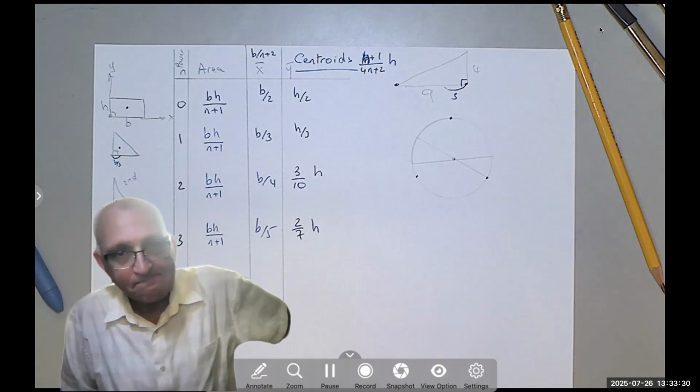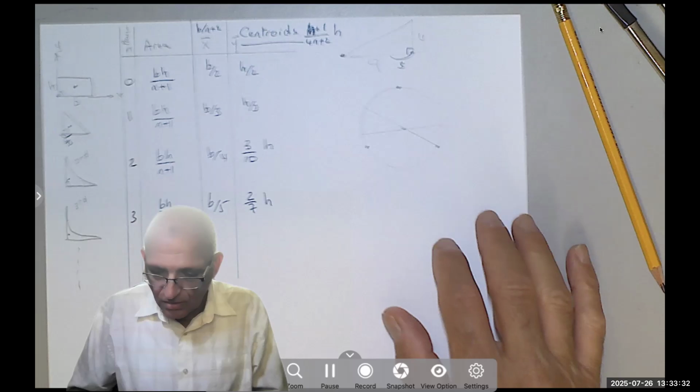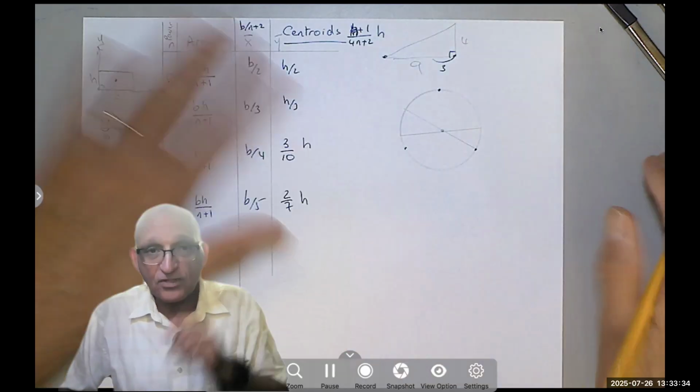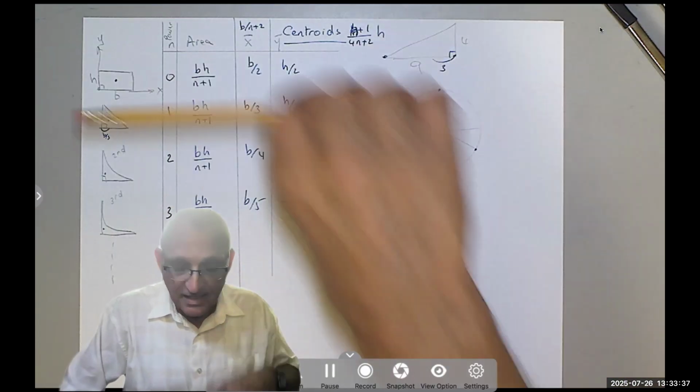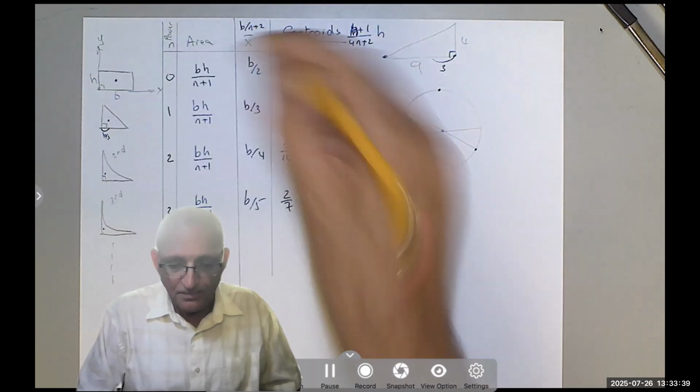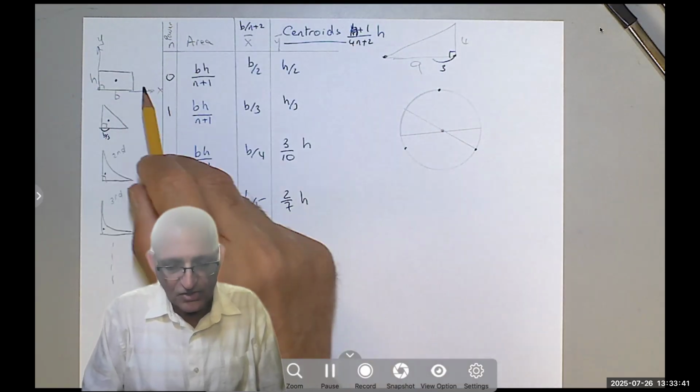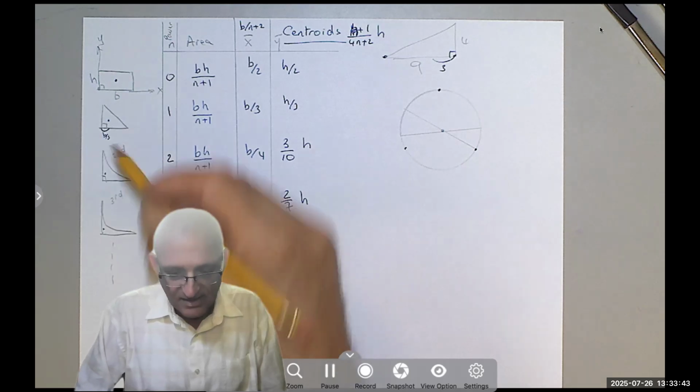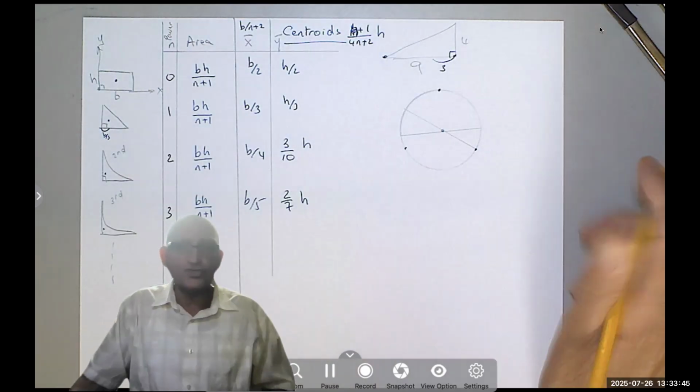And that's it. Okay? So that's for lines like powers of n, meaning horizontal line, straight line, second degree, third degree, parabola, and so on and so forth.